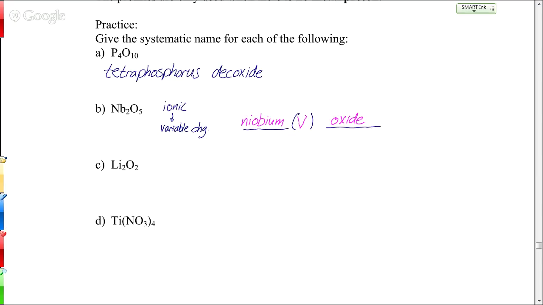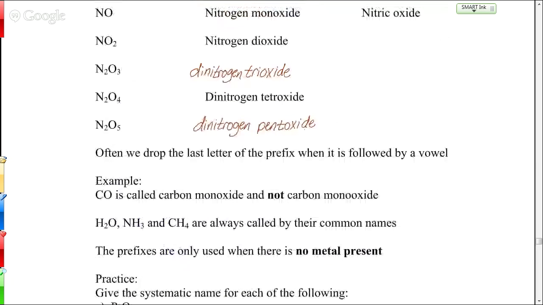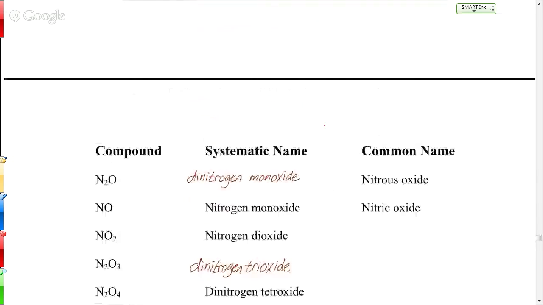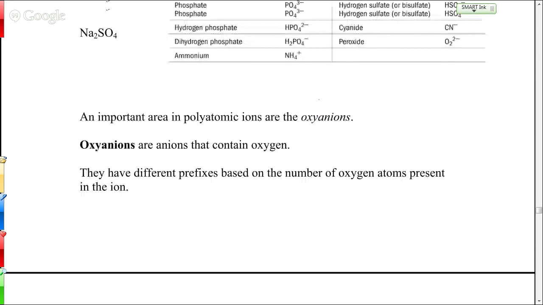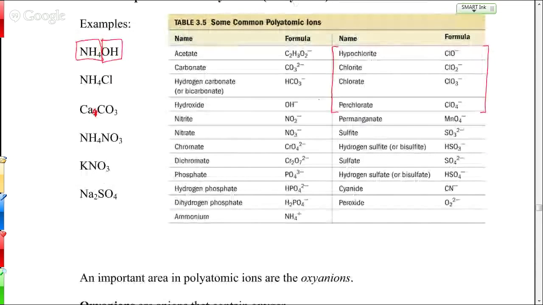Oxygen occasionally has different ions. Oxygen in one case can have different charges. And that's because O2 is actually a polyatomic ion. Let's go up here. So O2 can be a polyatomic ion known as peroxide.